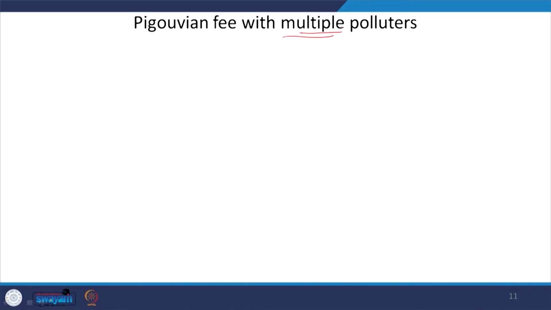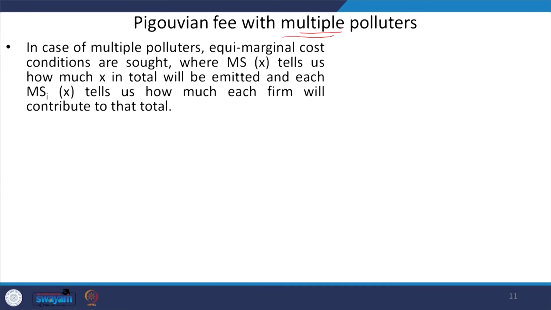So, now let us discuss how this Pigovian fee is imposed when there are multiple sources of polluters, right. So, here the basic rule that we are taking into account in the case of multiple polluters is that we are following the marginal cost conditions, right.